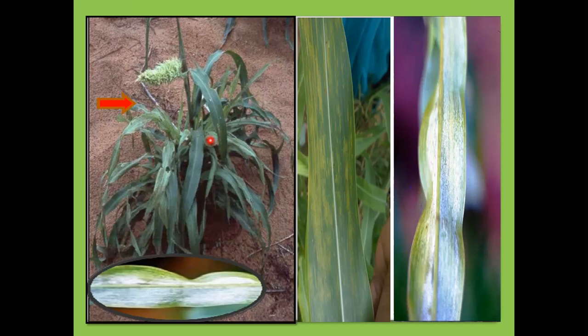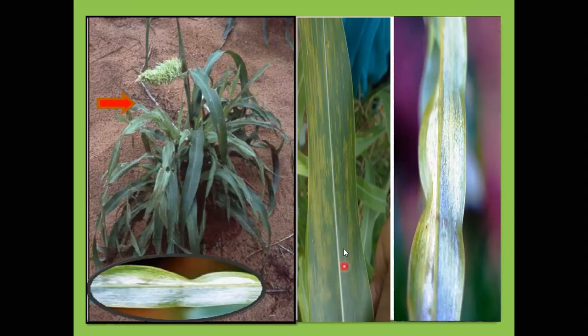These downy mildew pathogens develop symptoms particularly on the leaf of the bajra and the earhead also. Initially the pathogen develops the symptoms at the seedling stage of the bajra, at the 3 to 4 leaf stage.